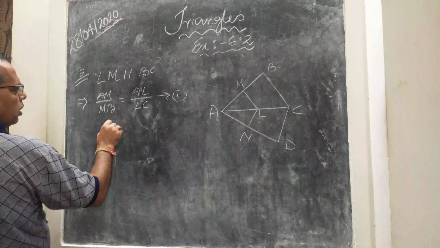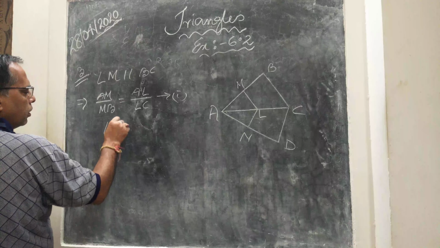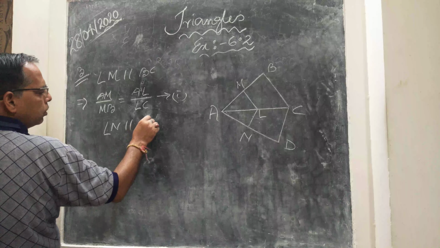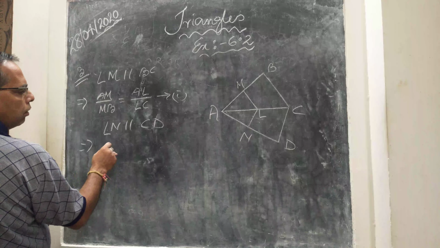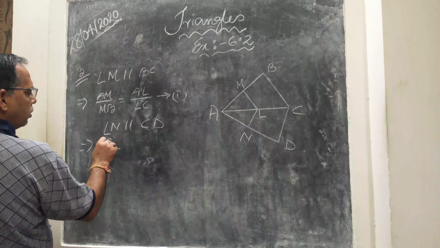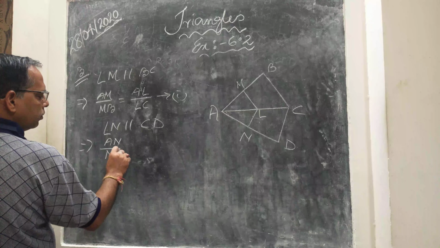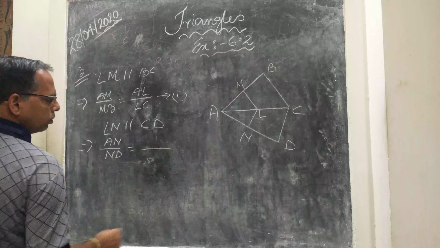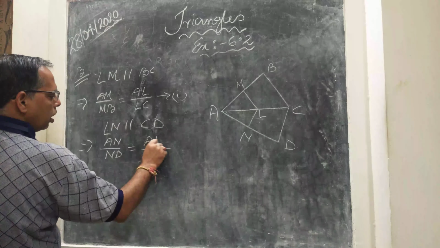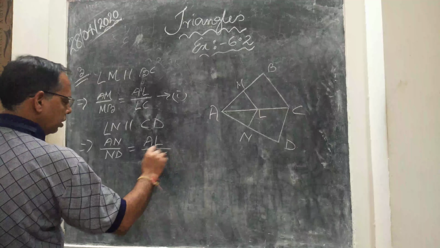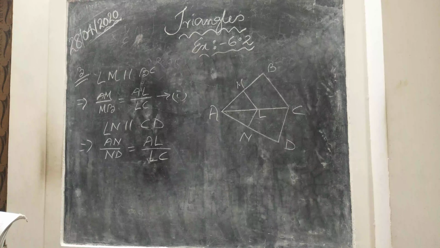Next you see, if LN parallel to CD, then what will happen? AN by ND equal to AL by LC. Yes or not? Now what do you have to do?